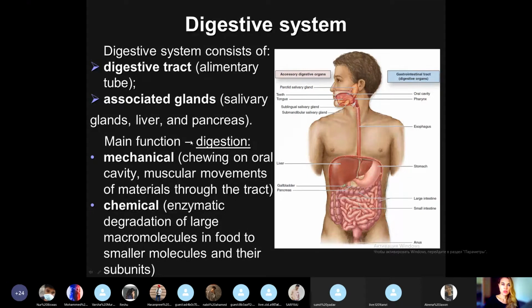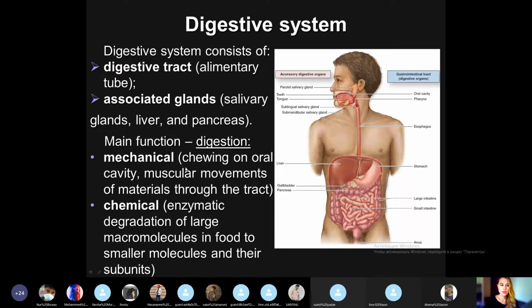So as I mentioned before, the main function is digestion. But what is digestion? Digestion is a complex process which involves the mechanical and chemical degradation of food particles. Mechanical digestion starts from the oral cavity.